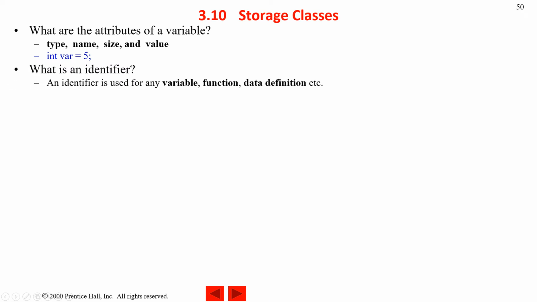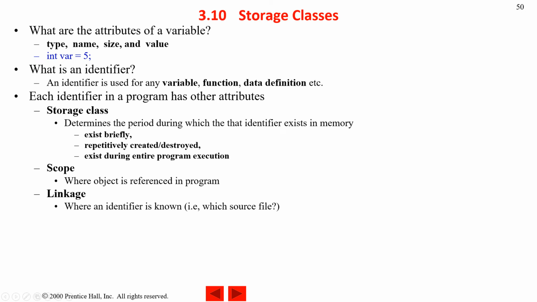What is an identifier? An identifier is used for any variable, function or data definition. Each identifier in a program has other attributes as well. One of them is called the storage class. The second one is called the scope, and the third one, which we will not look at here, is called the linkage. We'll skip this part and we'll look at these 2 parts.